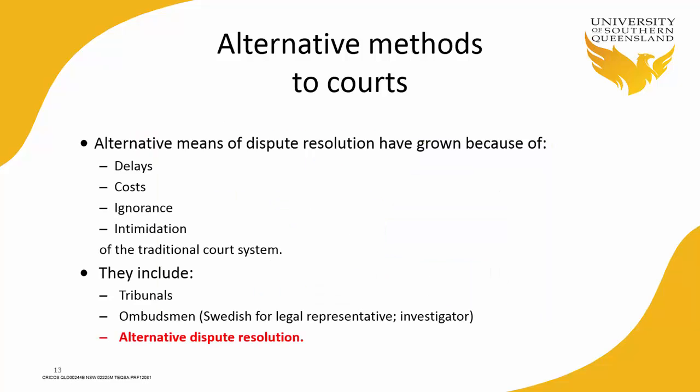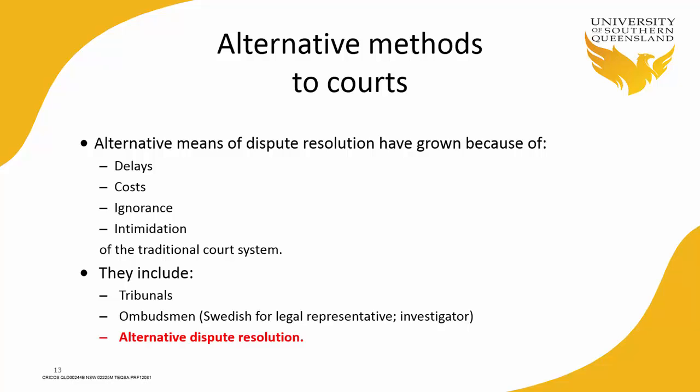Alright. So as we said, because of the delays, the cost, and sometimes even the ignorance of the legal, either substantive areas of law or the procedural areas of law that relate to courts, or sometimes intimidation, the idea that you are basically afraid of having to go through this process, you will find that many people now, and the courts themselves and governments themselves, encourage people to look at these other alternatives.